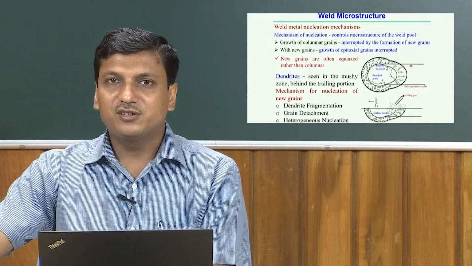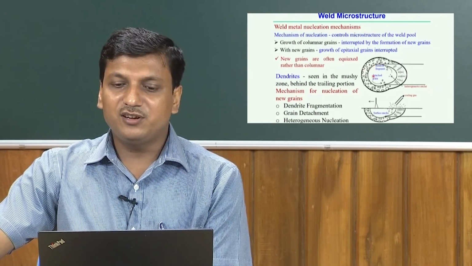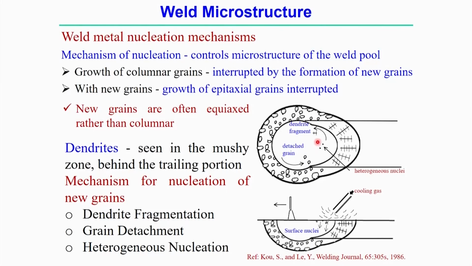At the same time, partially melted grains can be detached from the grains. These two promote the formation of heterogeneous nucleation in most cases at the trailing side of the weld pool. So, dendritic fragmentation and grain detachment mainly promote the heterogeneous nucleation process.